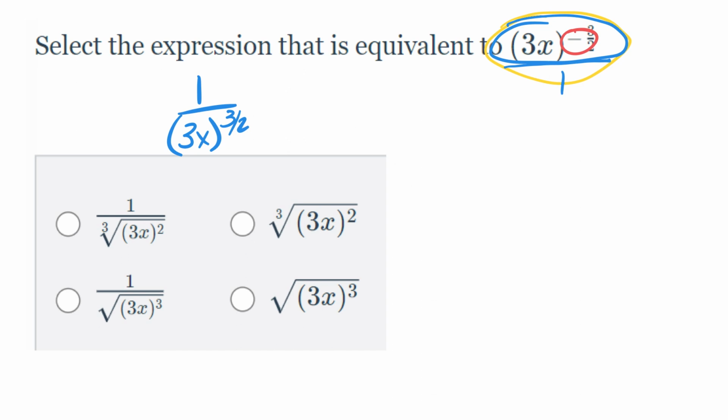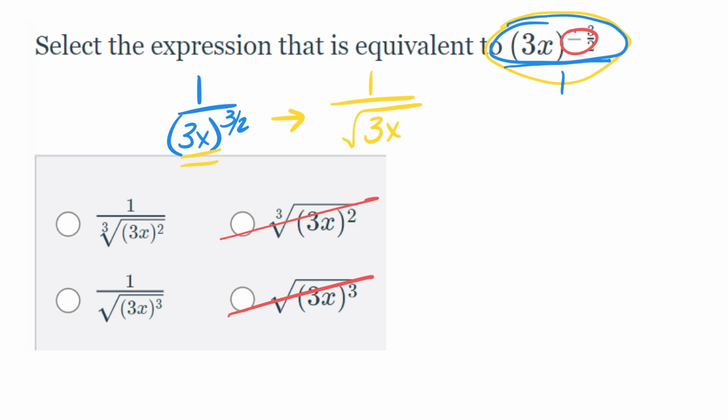When you have a negative exponent, that's essentially what it's telling you to do, is to move it to the other side of the division or the radical sign. So when we immediately see this, we can mark out these two answers, because those two answers still have our values in the numerator, which is not where they will be. Now, the numerator is going to stay 1. We've got to change our denominator into a radical expression. Well, the base, that's called a base, by the way, is going to be our radicand.